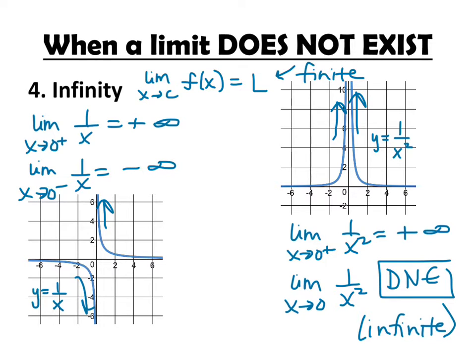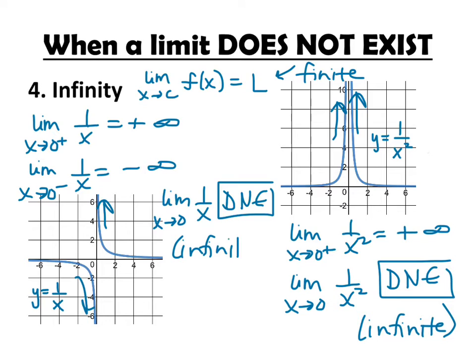This goes back to scenario 1 where we have two one-sided limits that are not the same. So we would have to write the limit as x approaches 0 of 1 over x does not exist. You can cite the one-sided limits not being equal, but you could also say because the limits are infinite. You must have a finite limit if your limit is to exist.